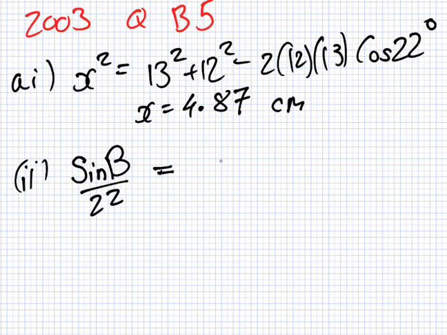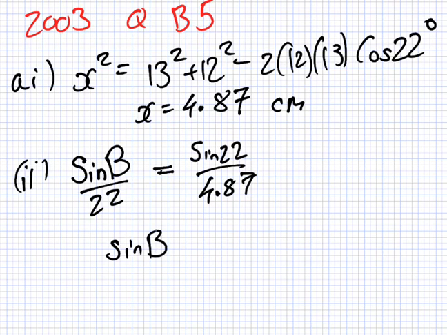Sine b over 22 equals sine 22 over 4.87. You see I'm using the sine rule there? There's only 2 rules here, cosine and sine.